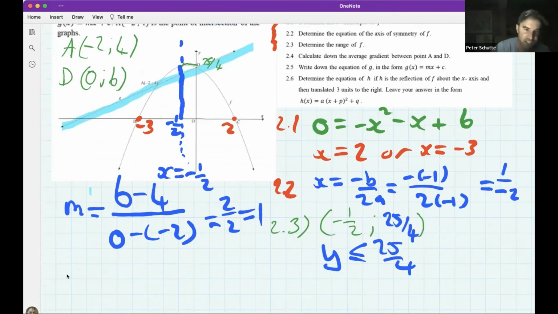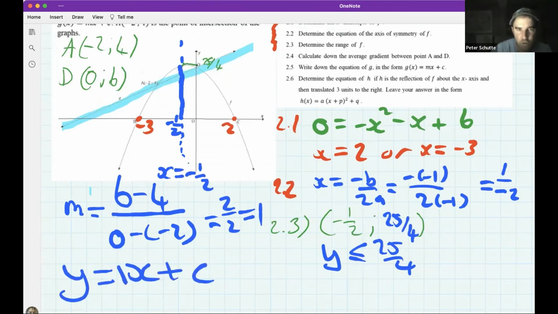Okay, what is the equation of G, the straight line? So this is actually a little bit quicker than normal because you know what the y-intercept is. You know that it's mx plus c, and you know this is 1, so it's 1x plus c. But look at the graph. You can see it goes through the y-intercept at D, or you can just plug a point in. But you already know that the point 0, 6 is on this line. So what is the final equation of the straight line going to be?